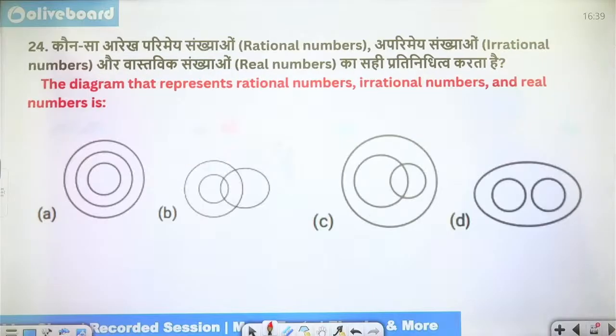Cool. Next. The diagram that represents rational numbers, irrational numbers and real numbers. If you know the concept, it's easy. If you don't know the basic concept, then you will face trouble here.